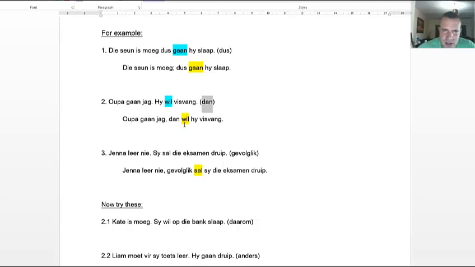So this is the love group, group 2. So these two need to go and sit together like that. Okay, so there's another way of doing it. I'm highlighting that and I'm moving it there so that it sits next to the dan. And there you go. This is how you do it.